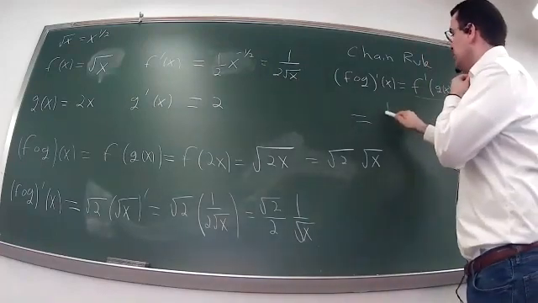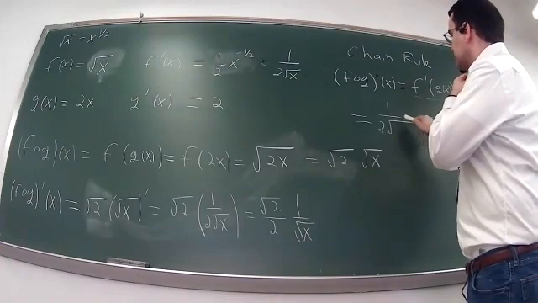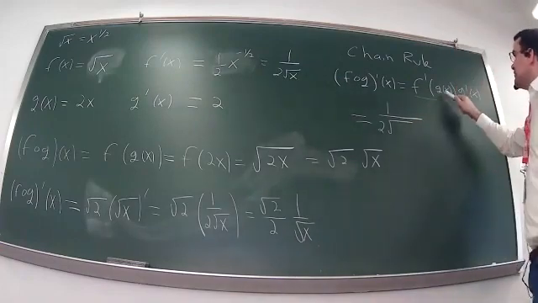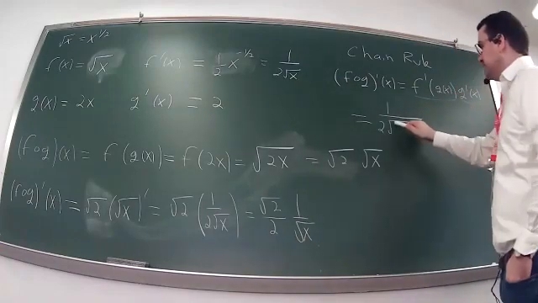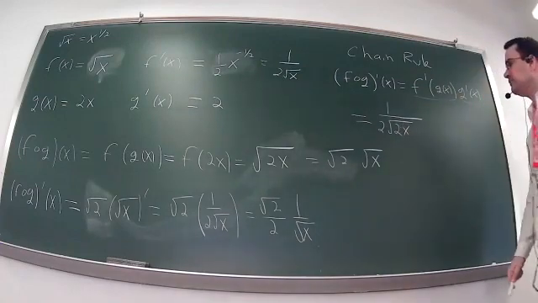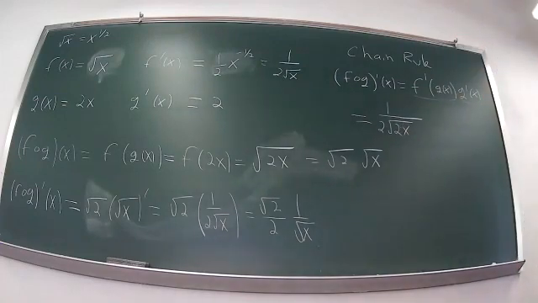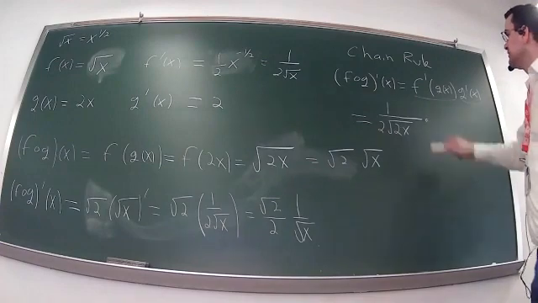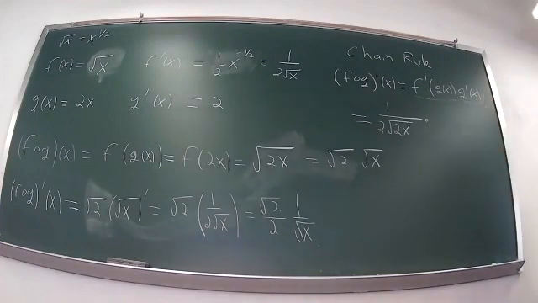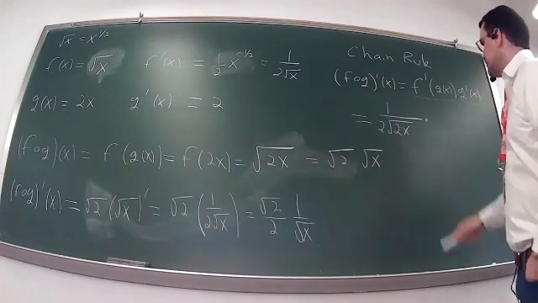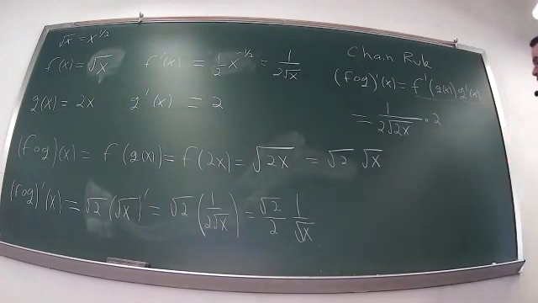So I'm taking 1 over 2 times the square root of x, but plugging in 2x. And I'm multiplying this by the derivative of g of x, which is just equal to 2.